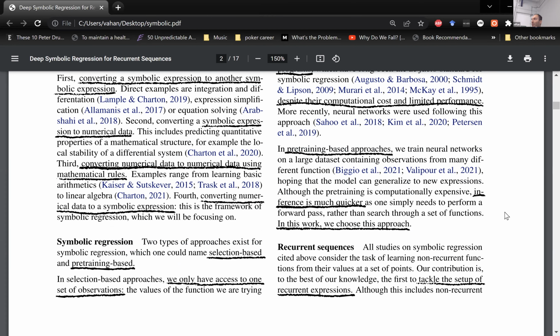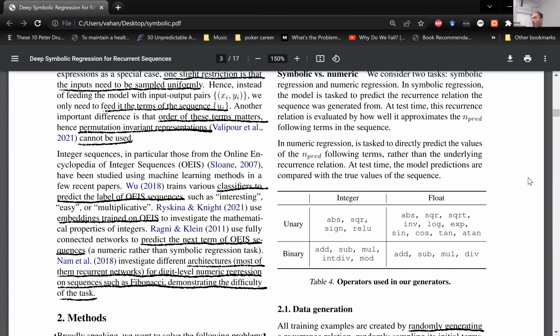But then they also do experiments for out-of-domain formulas. Okay, they formulate what a recurrent sequence means, and then, as we said earlier, they argue that it's a more generic setting, and then they study all the cases for integers and floating point numbers.